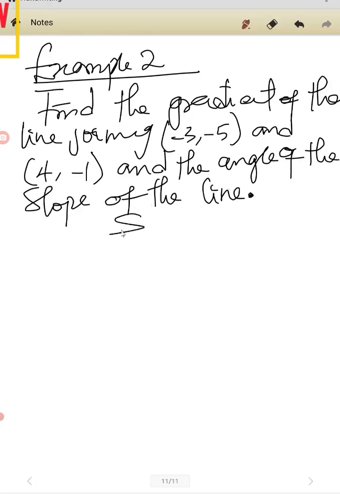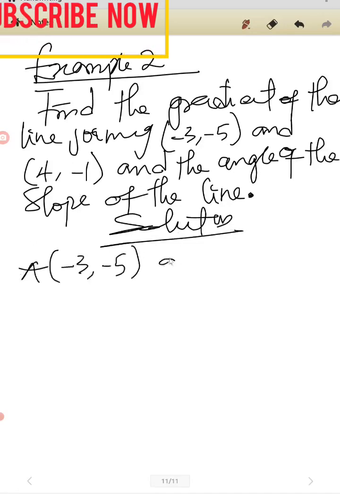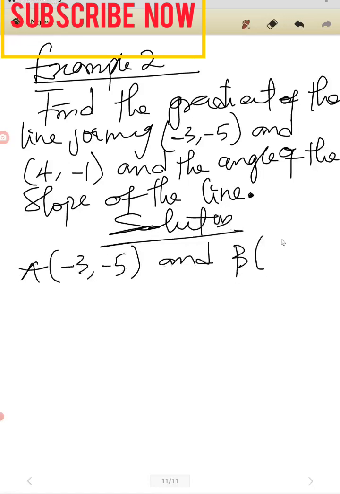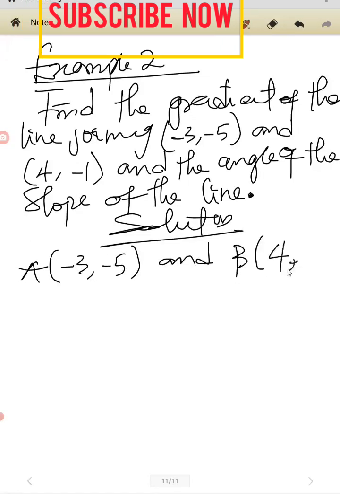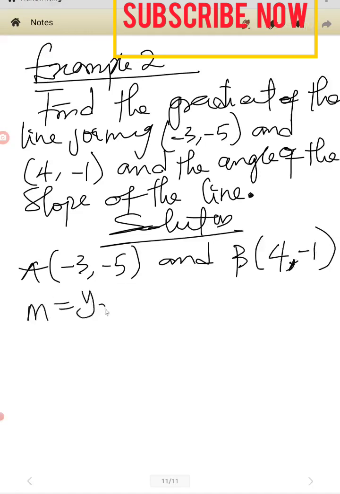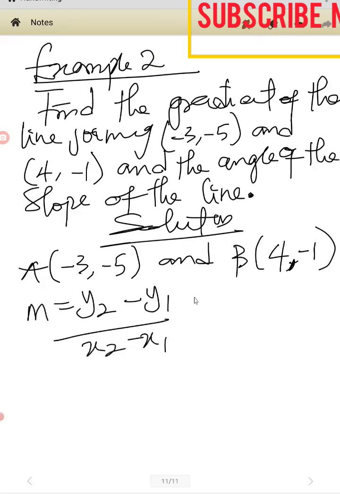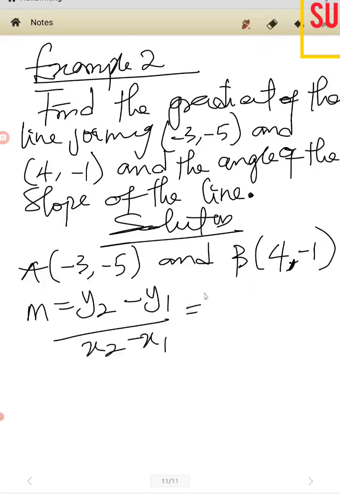So now, as I've used to say, let's say the first point is -3, -5, and the second point is 4, -1. So our m, which is y2 minus y1 over x2 minus x1, is equal to, I will not write this now, I'll just give you what is next.